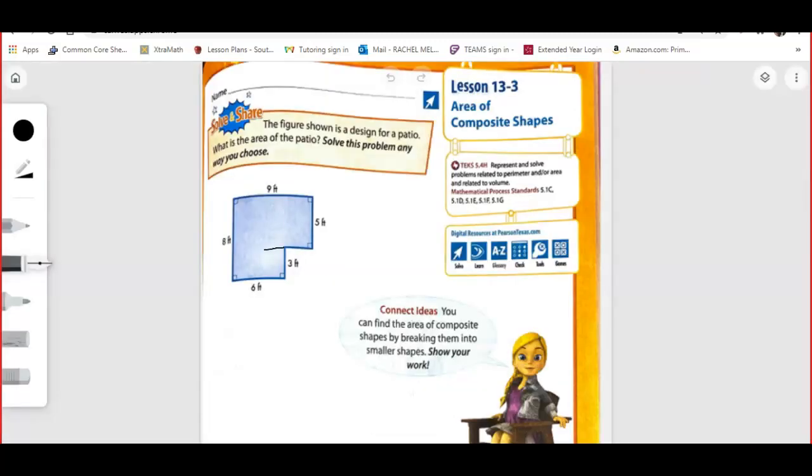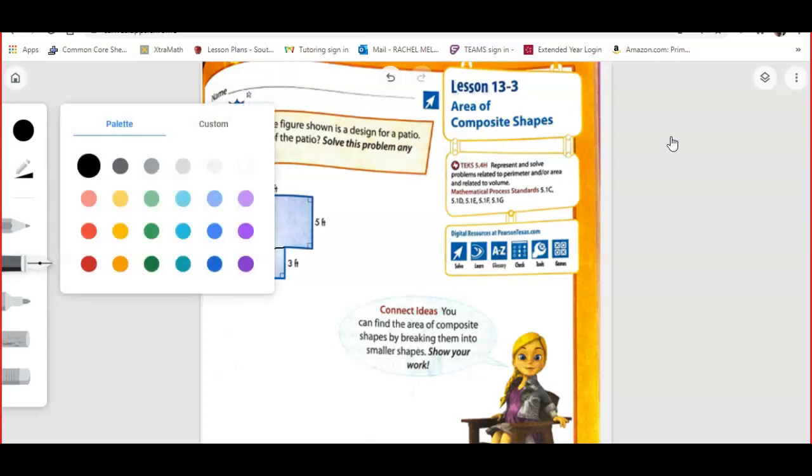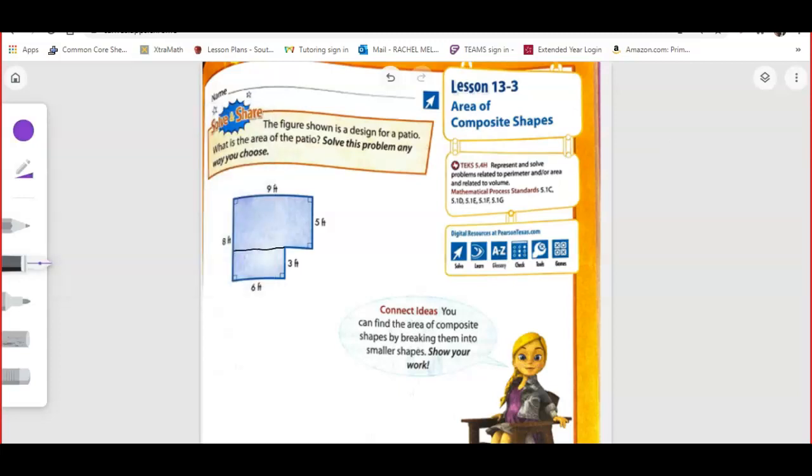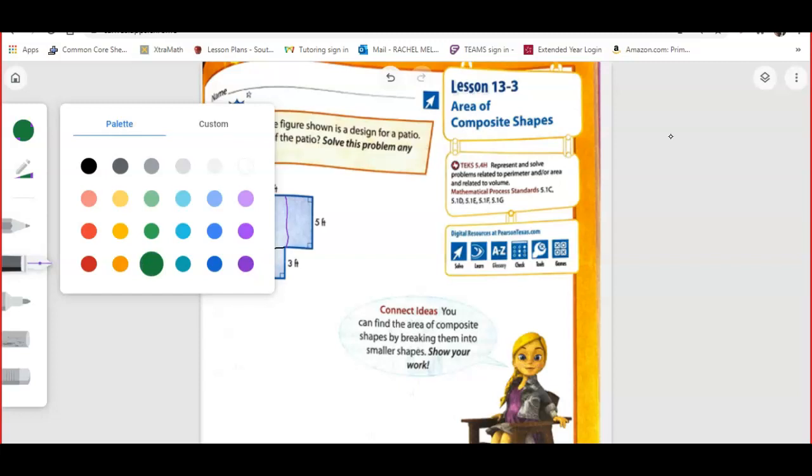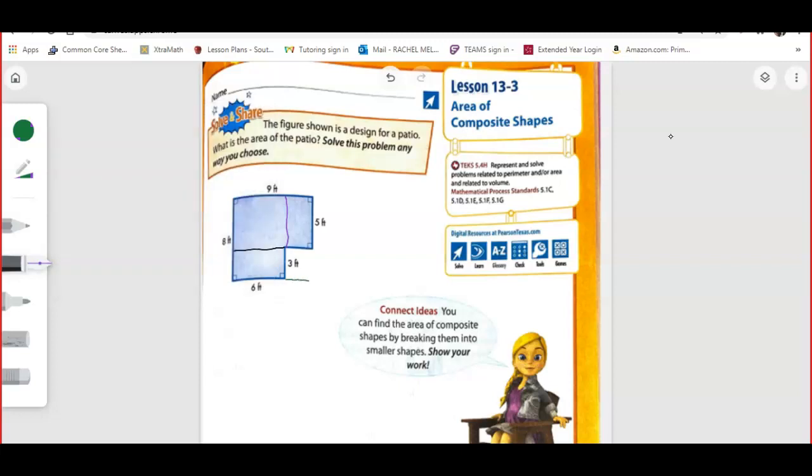I could cut it like this. Okay. I could cut it like this. I could even, if I really wanted to, find out what the whole area of this would be and then take out this missing part.